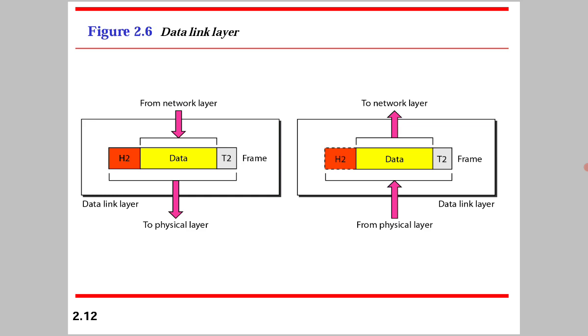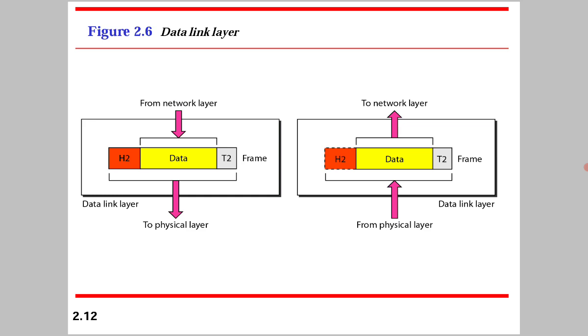The next layer is the data link layer, the second layer. In the physical layer, bits are used for data transfer. In the data link layer, frames are used. What is a frame?